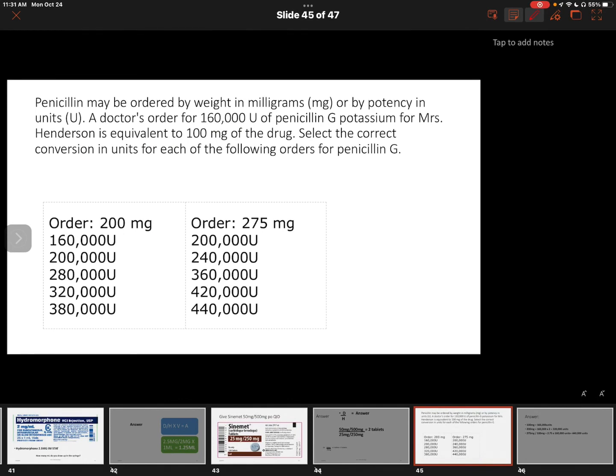We had worked out this problem or scenario earlier. It's given to you again, just to see if you can recall how to work it out. Again, what this is really saying is that you have 160,000 units of penicillin per 100 milligrams. So if you have 200 milligrams, it's multiplying that by 2, and you're coming up with the 320,000.